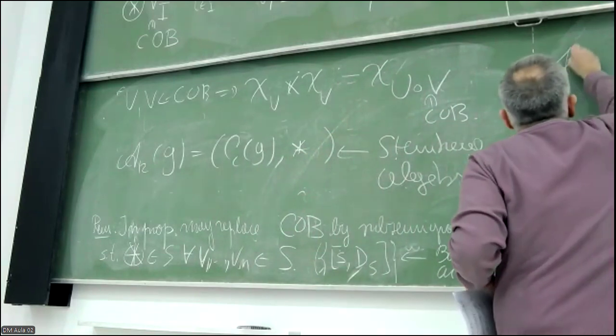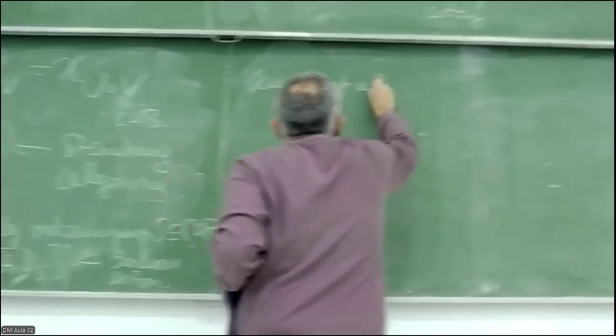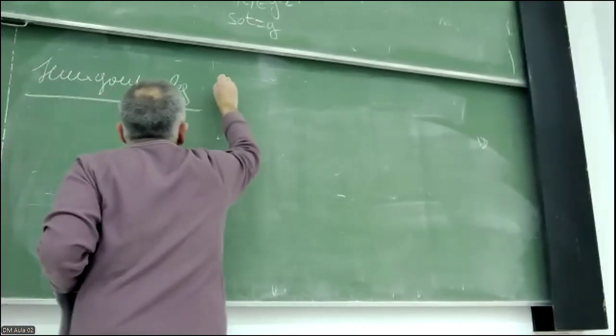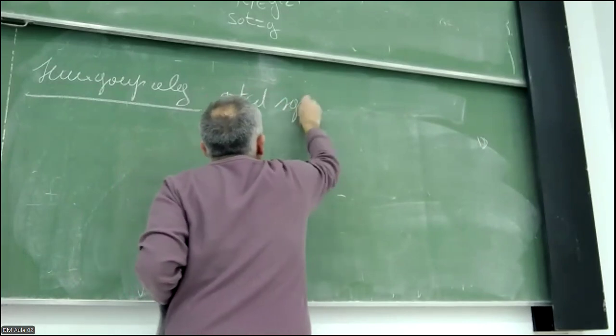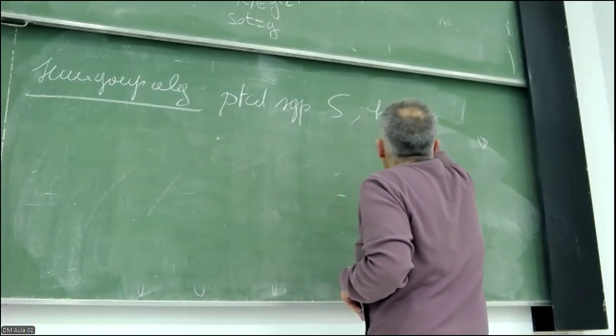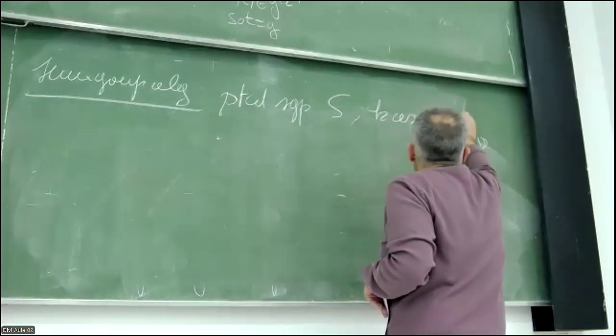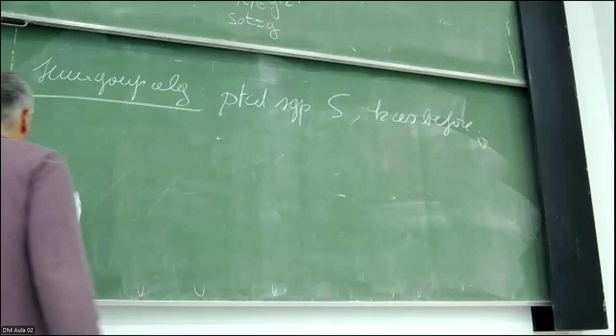So, semigroup algebra. We have a pointed semigroup S and K as before. And we do the following.